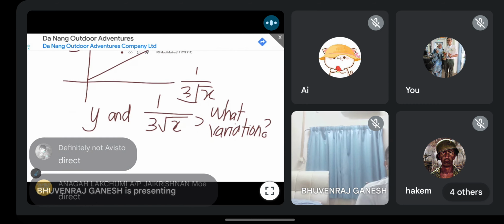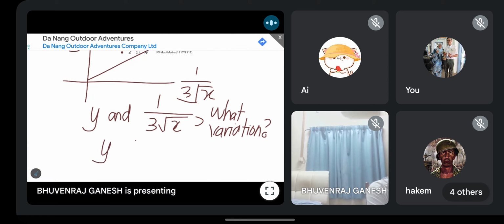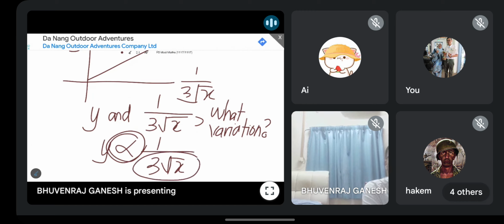Okay, now it becomes direct because y and this one, the symbol is this one only. So that's why it's direct variation. Alpha means direct variation. Alpha combined with 1 over means inverse variation. So that's why just now your axis was this one, alpha 1 over, and this case is called inverse.